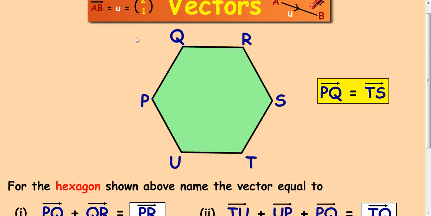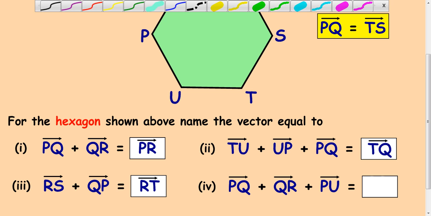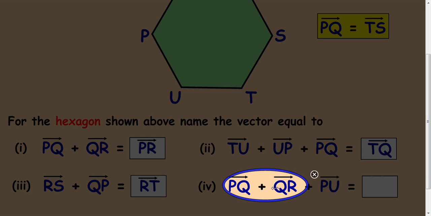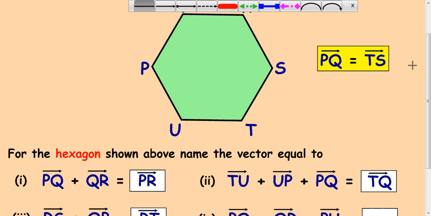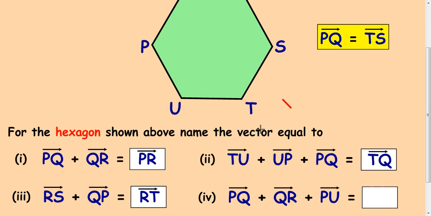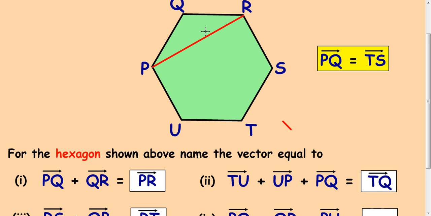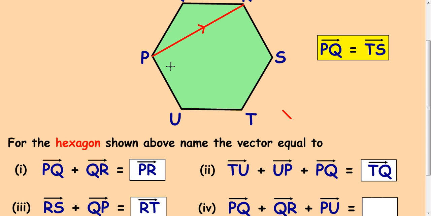Okay, one more to go. We can see that the first two here, if you look at them, now you can eliminate the Q's if you like, so that's just P to R. So P to R would be like this, P to R up like this, and then the last bit's P to U. So P to U like this.